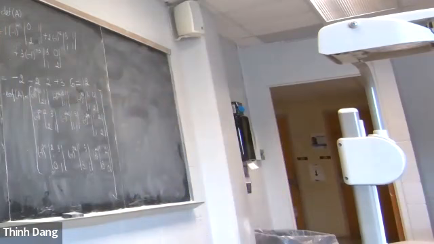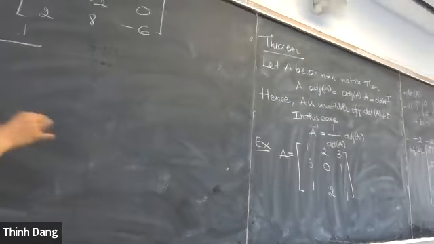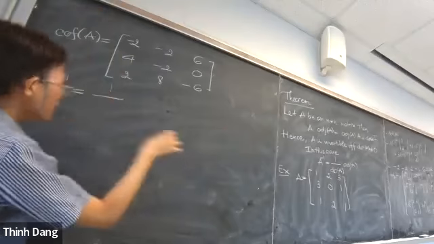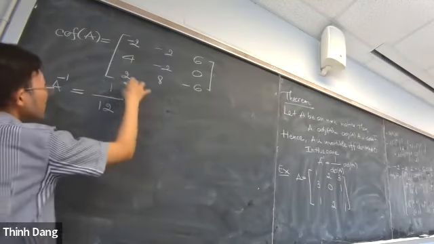According to this formula over here, the inverse of A is 1 over the determinant of A multiplied by the adjugate. The adjugate is the transpose of the cofactor matrix. So A inverse in this case is 1 over 12, since the determinant of A is 12, multiplied by the transpose of this matrix.